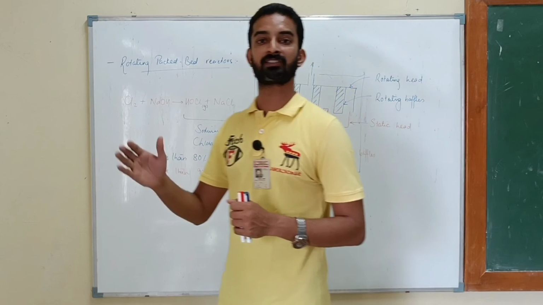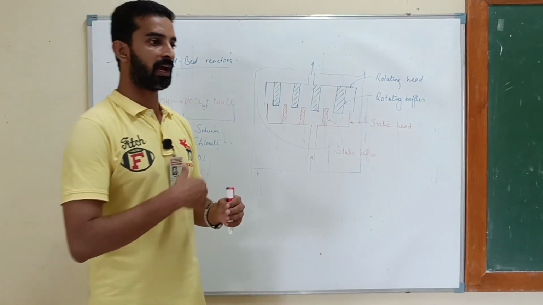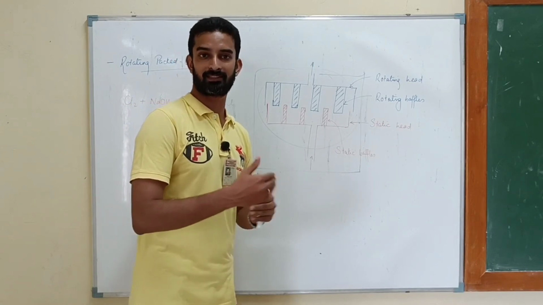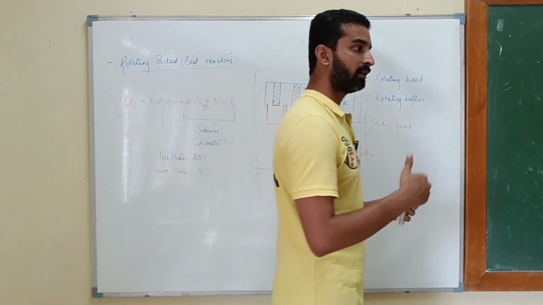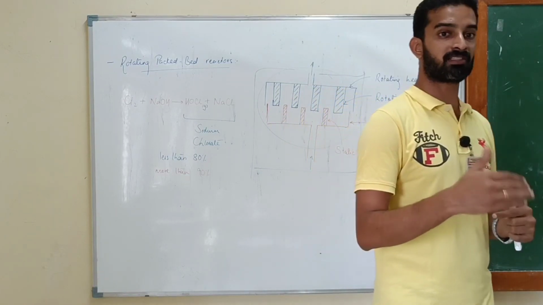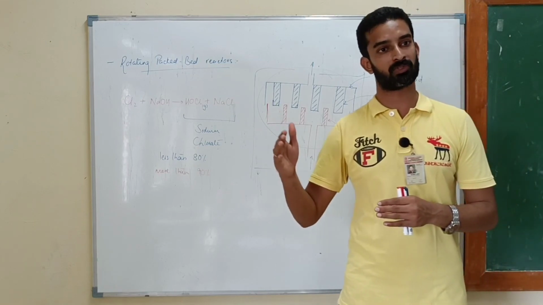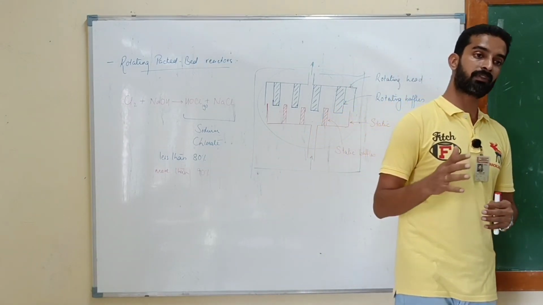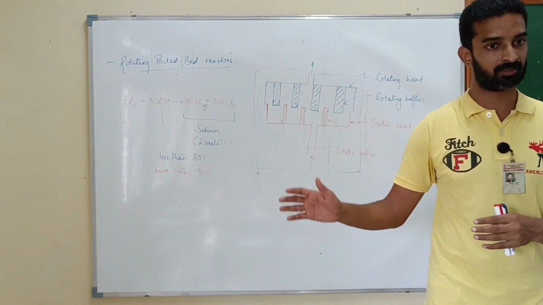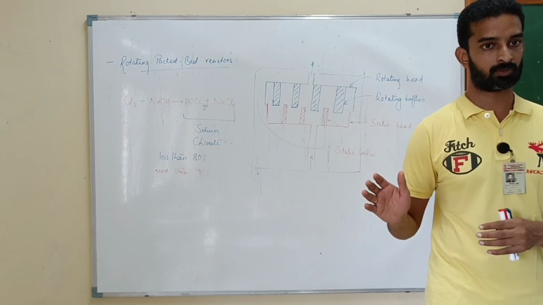As a result, most of the time you can have the product in relatively very little time. For those reactions which are mass transfer controlled, the extent of reaction and the efficiency of the process depend on mass transfer. For those reactions, all the equipment that we discussed, along with this packed bed rotating reactor, is also very much useful. Okay.